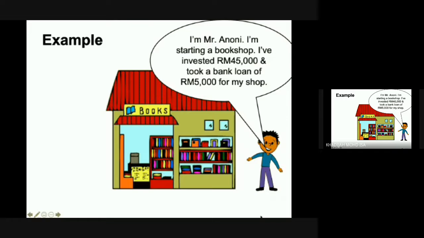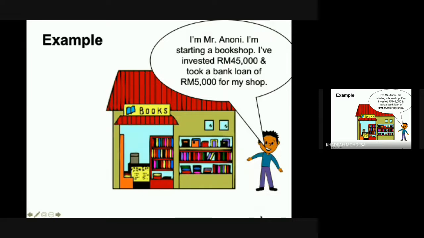So he said that I have invested 45,000 and took a bank loan of 5,000 for my shop. So in this case, Mr. Anoni is also a shareholder because he has invested his own money, amounting to 45,000 ringgit, into the bookshop and took a bank loan of 5,000 for the shop, right?